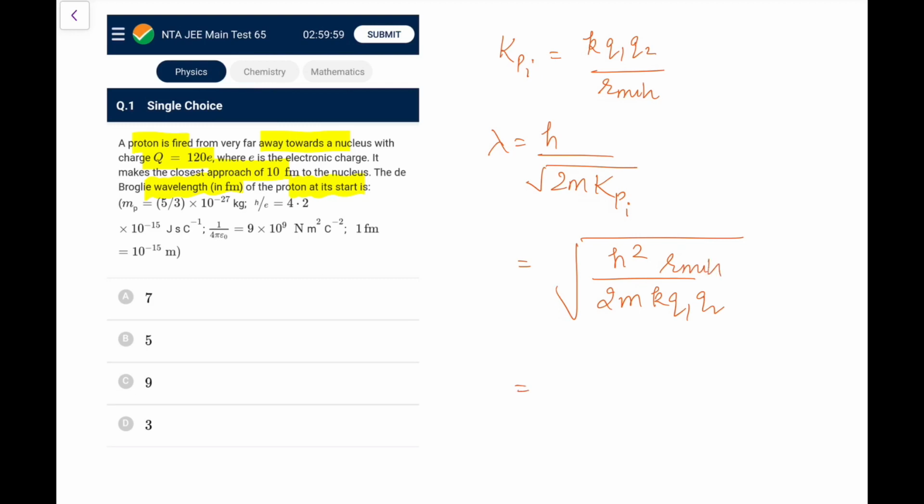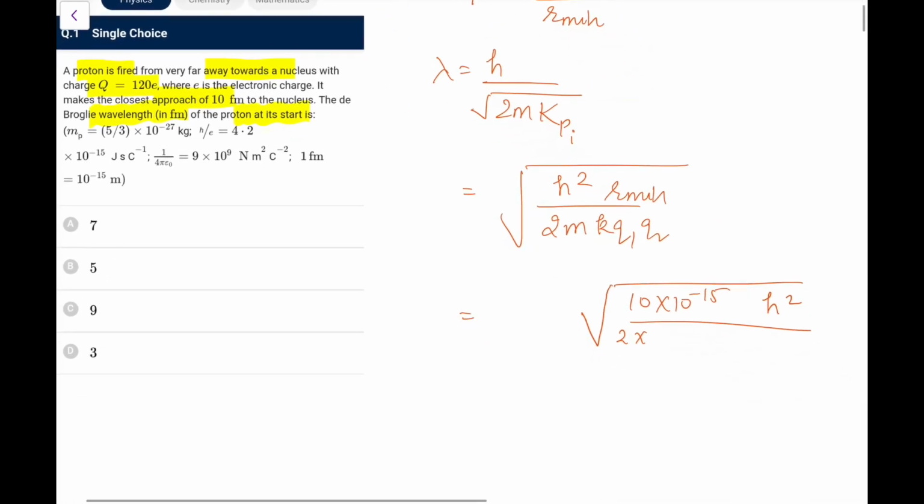Taking h out, 6.63 into 10 to the power minus 34, and let me have the root over the complete thing. R min is given as 10 femto, that is 10 into 10 to the power minus 15. 2m, m is given. You are given the value of h by e, so I should not take it out. Write it at h square only here.